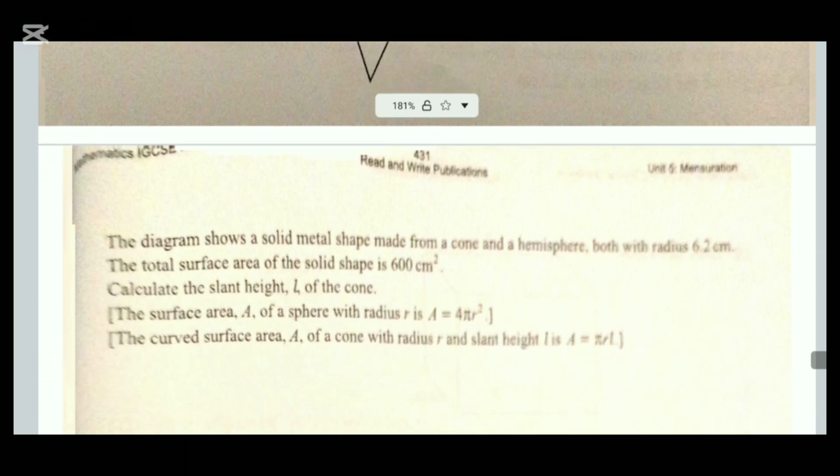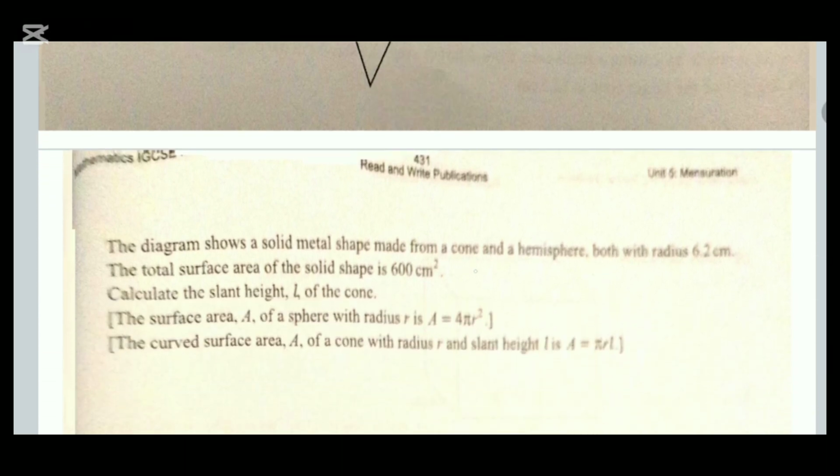The diagram shows a solid metal shape made from a cone and a hemisphere, both with radius 6.2. What we are going to find, calculate the slant height, that is L, of the cone.